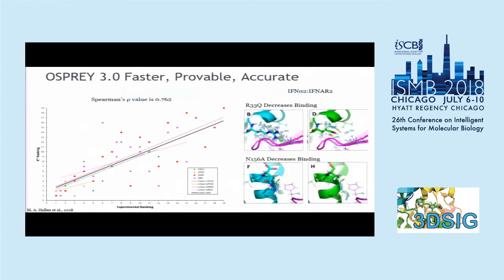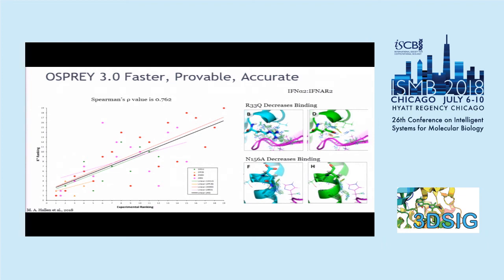So I've just shown you that OSPREY 3.0 is faster and has some nice new features, and one of the questions that we get is how accurate is it? So we looked at a preliminary benchmark where we had 58 mutations over 4 systems.